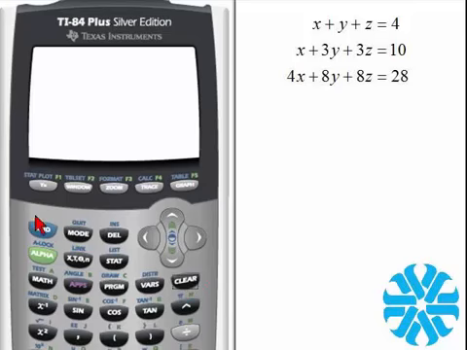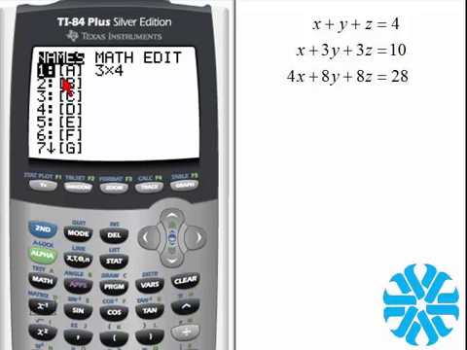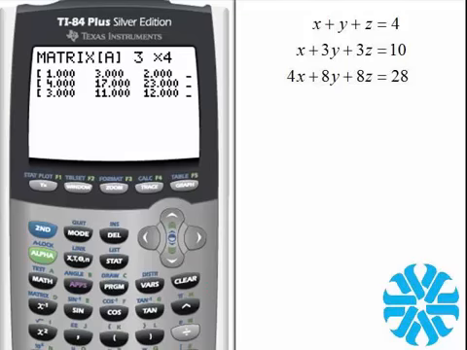Okay, let's input these into the calculator. So second function matrix. Again, matrix A. Move over to Edit. Select Enter. Let's put in the correct cell values. So let's move down. Okay, 1 is fine. We'll move over. 1, and then Enter. 1, Enter.